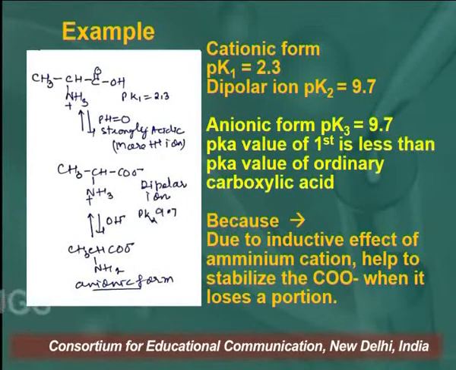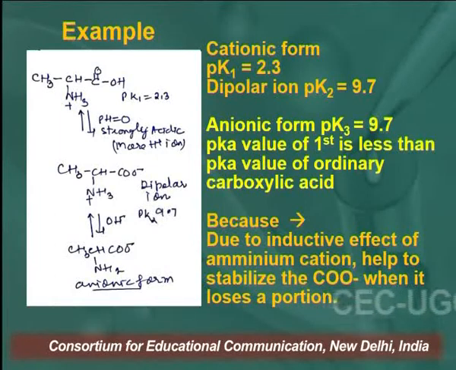Here at pH 0, because it is a strongly acidic form, the hydrogen will be more, so the cationic form exists. The pKa value is 2.3, and for the bipolar ion the pKa value is 9.7.